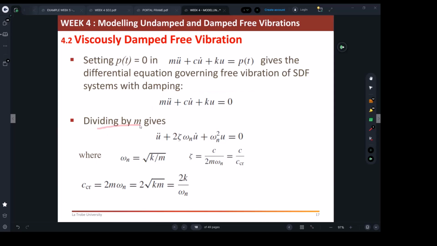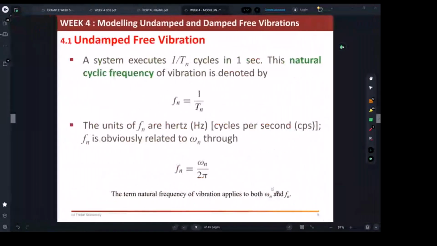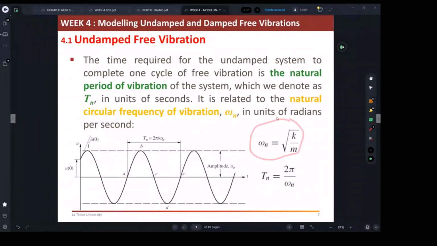So what we did here, we said we're going to divide over mass, which is fine. So the mass is gone, this is gone, okay? And if you divide K over mass, you will be able to replace K over M by omega squared. That's simply from the definition of omega.